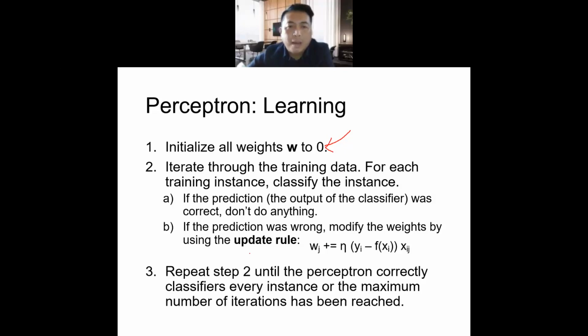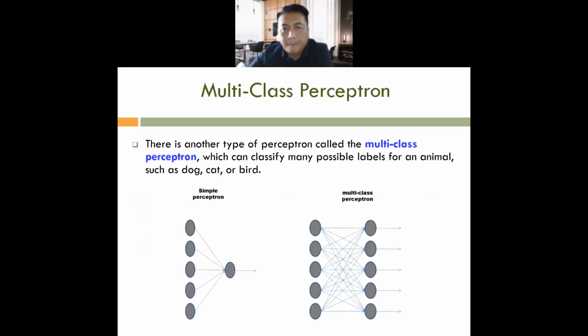It will then use the update rule to update the weightage depending on whether the prediction is correct or wrong. We repeat this stage until the perceptron correctly classifies every instance or the maximum number of iterations has been reached. So that is the knowledge of the perceptron that we have so far.